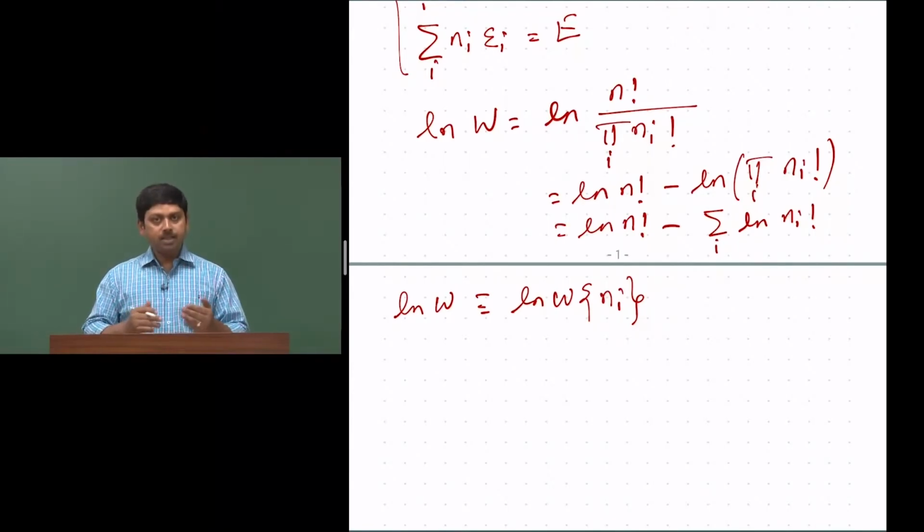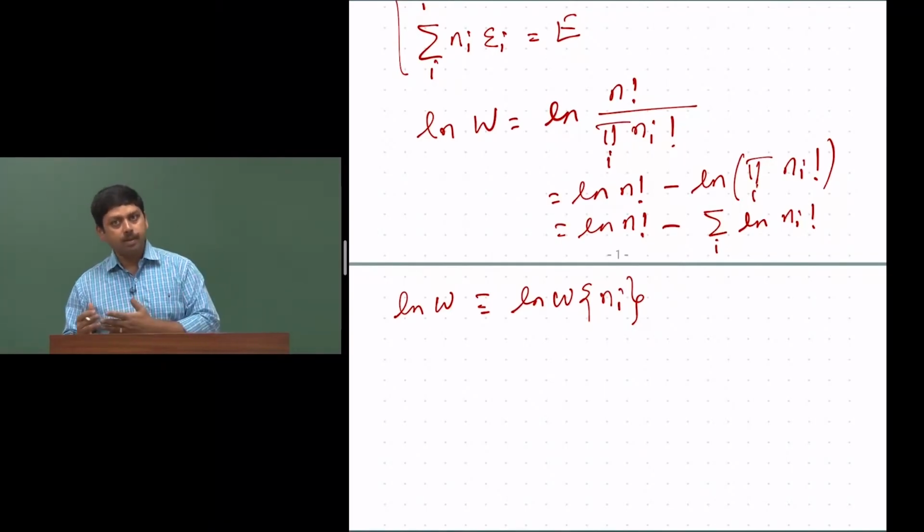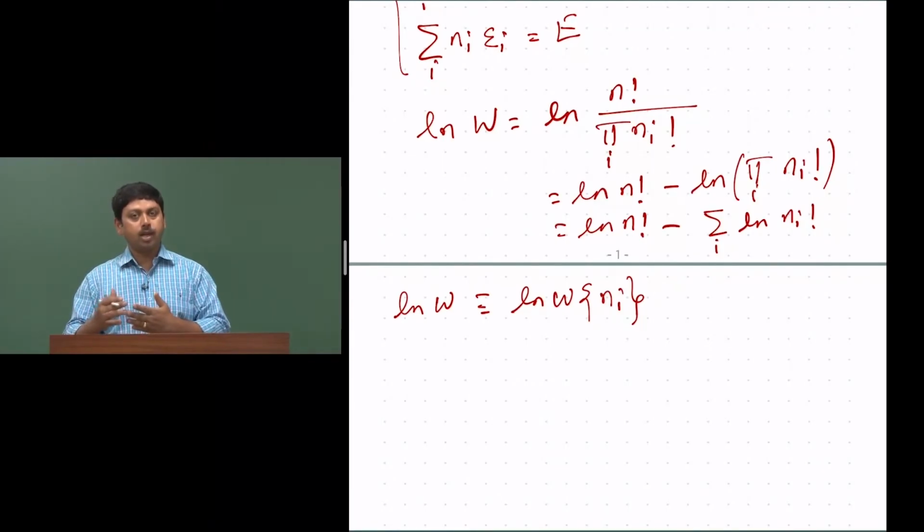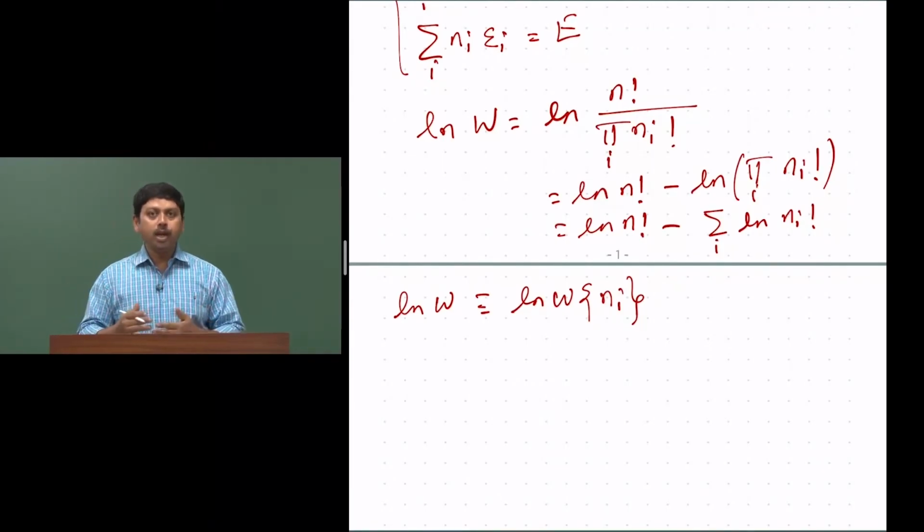So, that means this W is basically a function of n1. Here there are multiple values of n1, n2 and n3. So, we are trying to maximize the W with respect to some arbitrary i, and i is arbitrary because i can be put as 1 or 2 or 3, whatever.